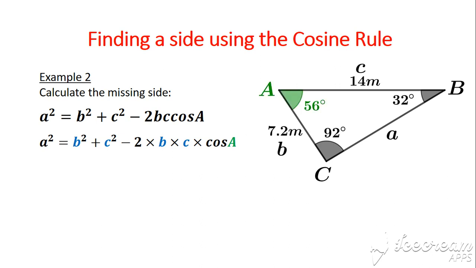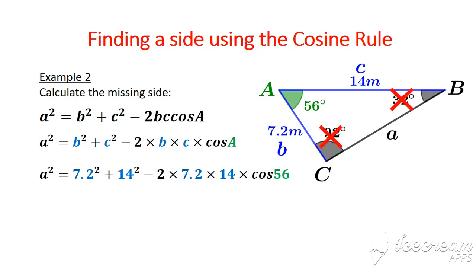So, this is angle A, 56 degrees, and these are lengths B and C. So we can substitute into the rule. A squared is equal to 7.2 squared plus 14 squared, take away 2 times 7.2 times 14 times cosine of 56.